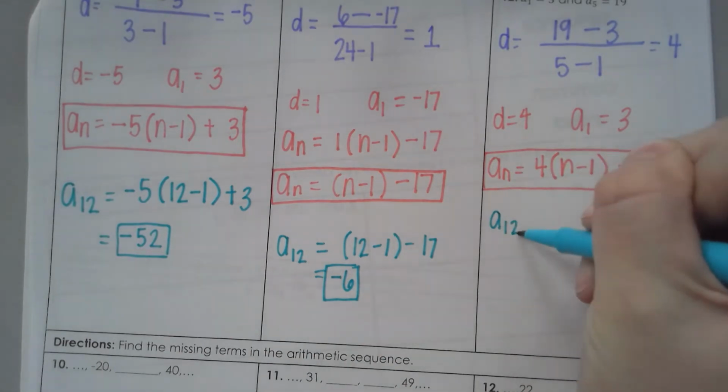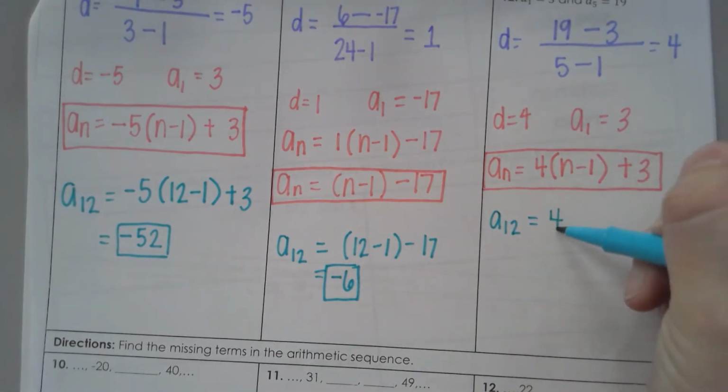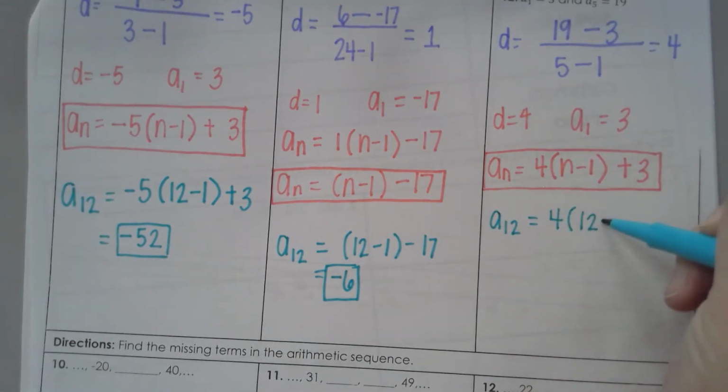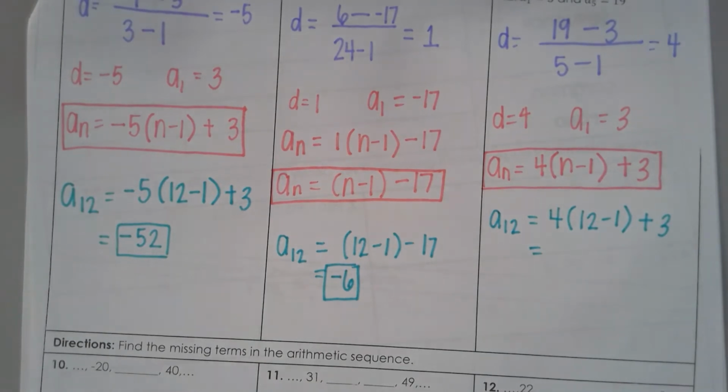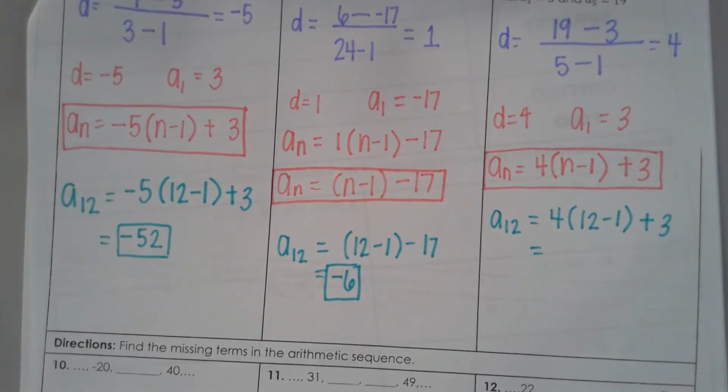And A12 would be 4 times 12 minus 1 plus 3. 47. Yep, 47.